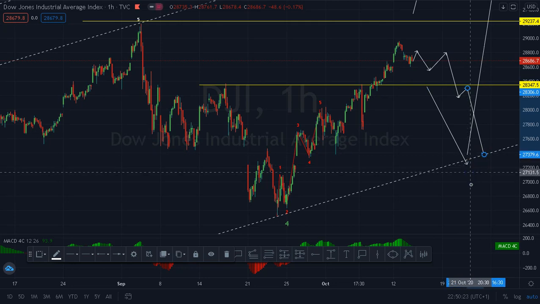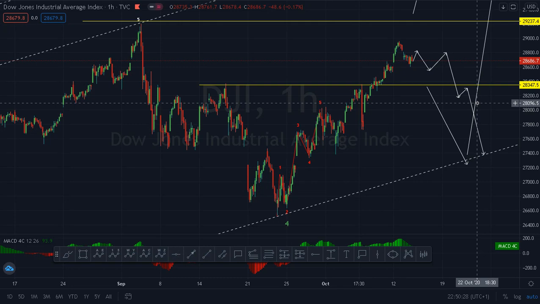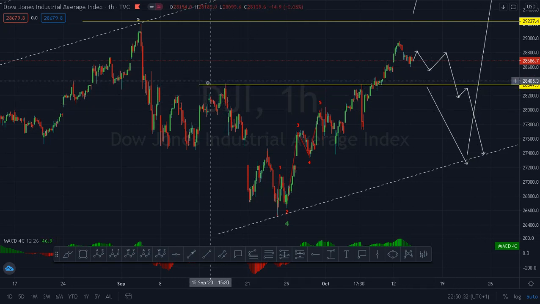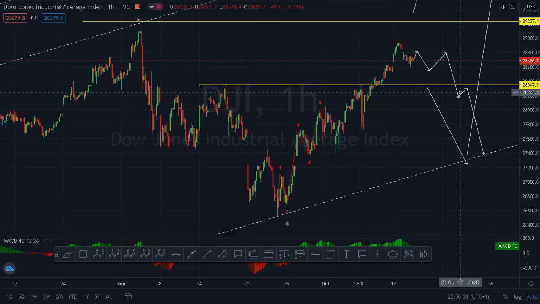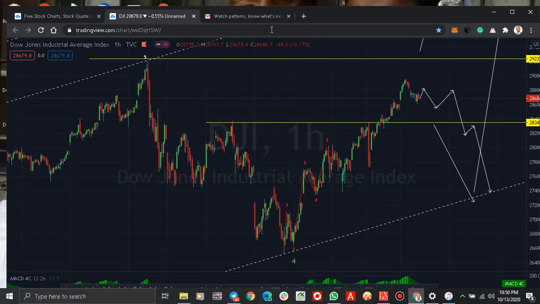So something like this might happen before we begin to buy again. In this case, if price comes below this area, I will consider selling and watch what happens here. That's what we have on Dow Jones.